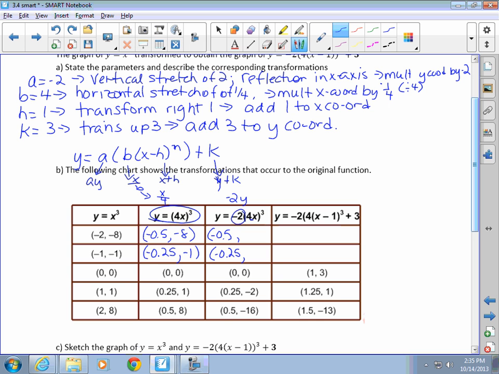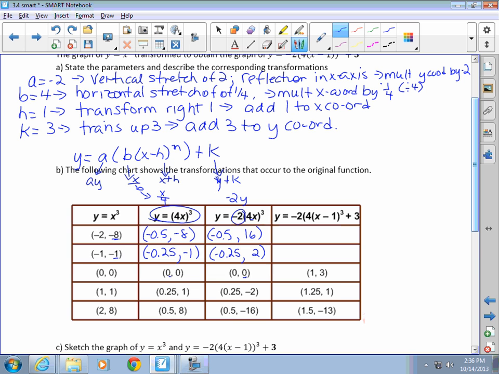My y value was -8. -8 times -2 leaves me with a positive 16. -1 times -2 means I have a positive 2. If I look at the 0, 0 divided by 4 is 0, and -2 times 0 is 0. So that doesn't change it.